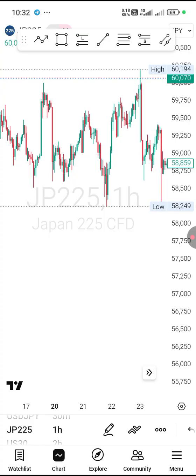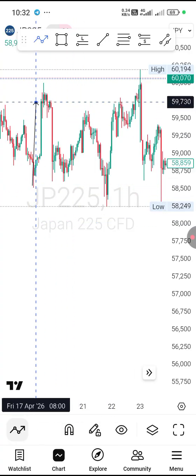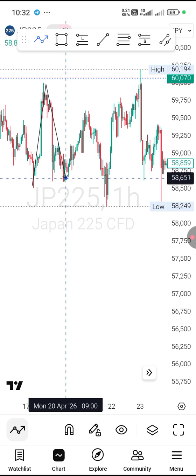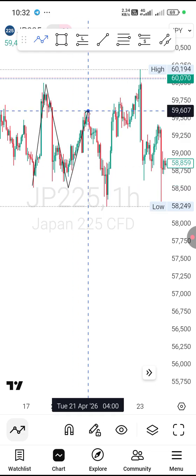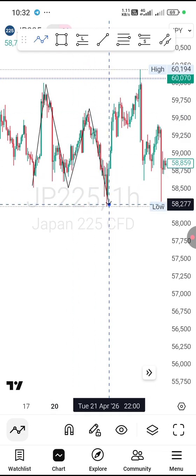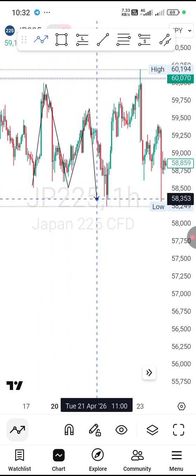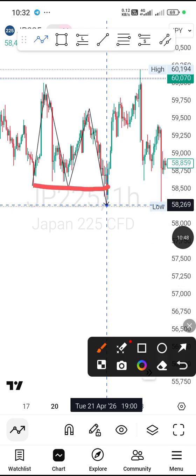Now look at what price did. Price came up from here, a higher high, created that higher low I'm talking about. You understand. Went up, came down, taking out these structures here, these structures here.